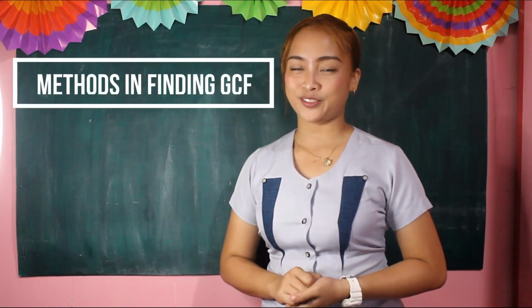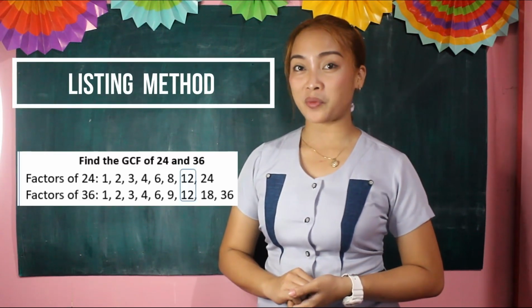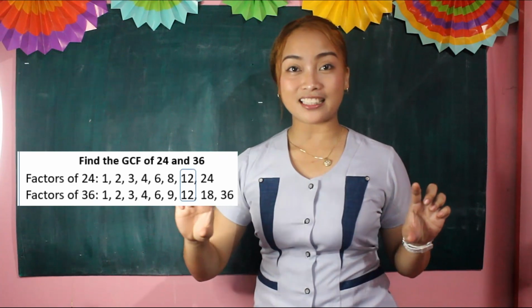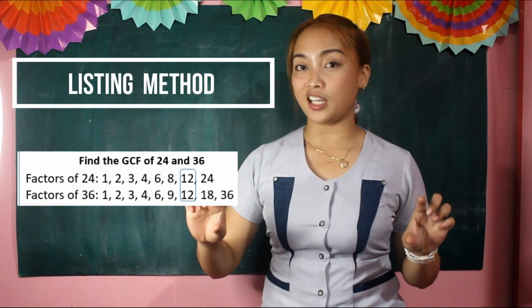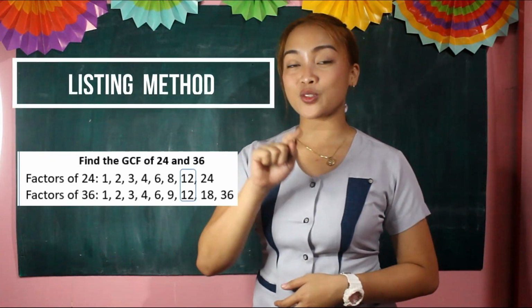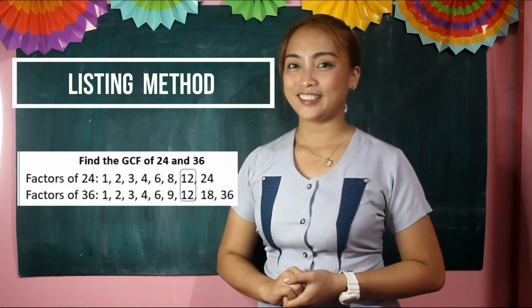As you can still remember, during your elementary or even grade 7 days, meron tayong maraming methods na ginagamit in getting GCF. Number 1, very common dyan, si listing method. Yung nililist down natin lahat ng factors na pa-horizontal, and then at the end, we encircle the greatest at saka common factor.